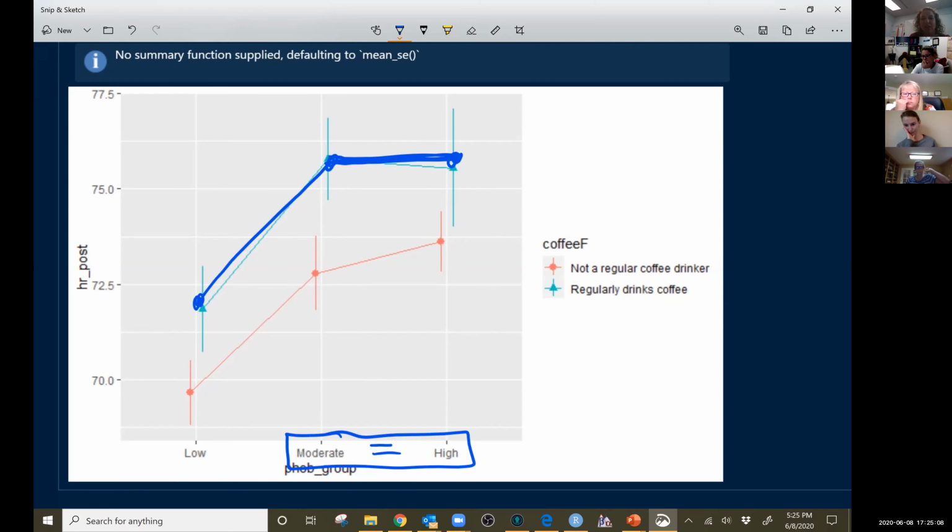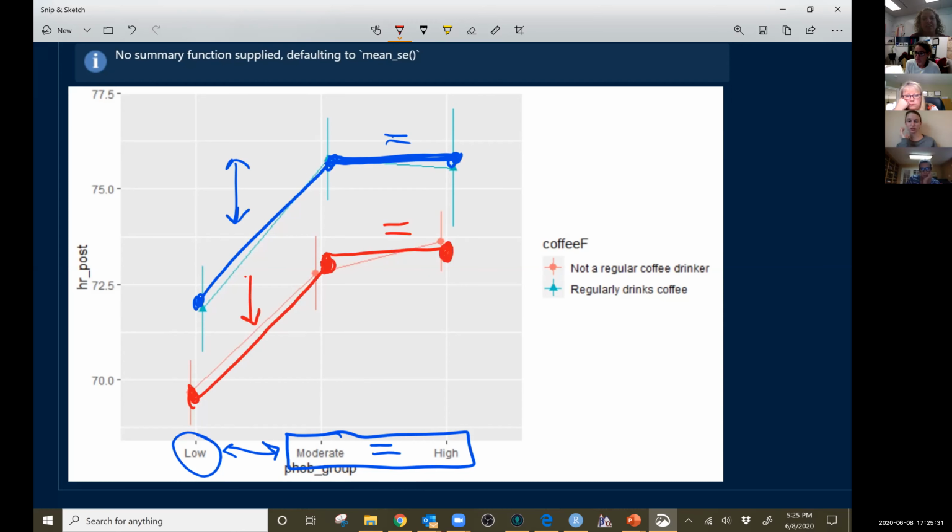So this is essentially equal. But here we have a gap, right? Because low is different than moderate and high. So in this group, it would be down here, essentially the same, just shifted straight down.